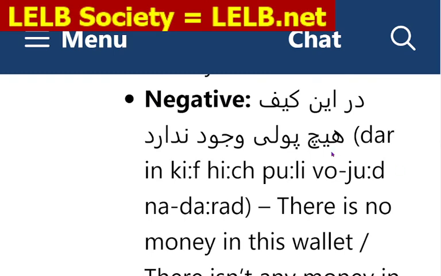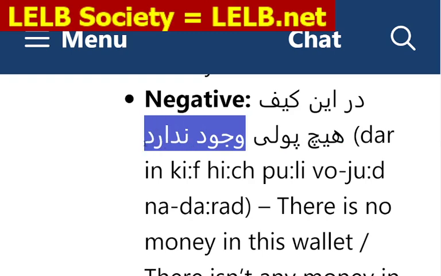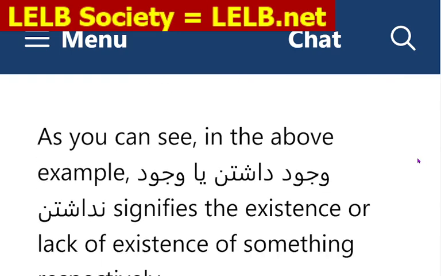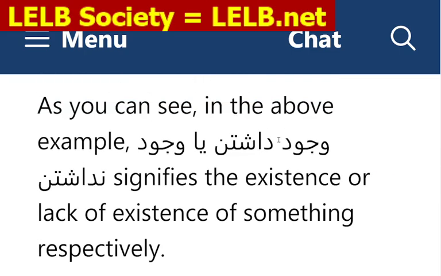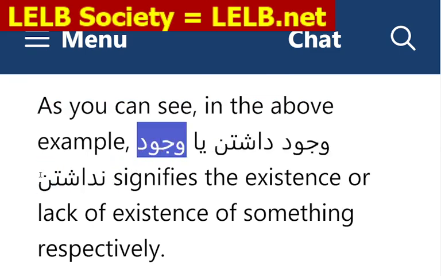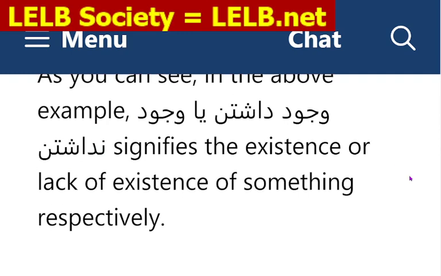And هیچ پولی, pay attention to this determiner. وجود داشتن means to exist. وجود نداشتن means not to exist. As you can see in the above example, وجود داشتن to exist or وجود نداشتن not to exist signifies the existence or lack of existence of something respectively.